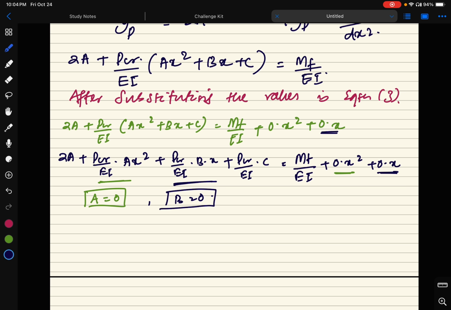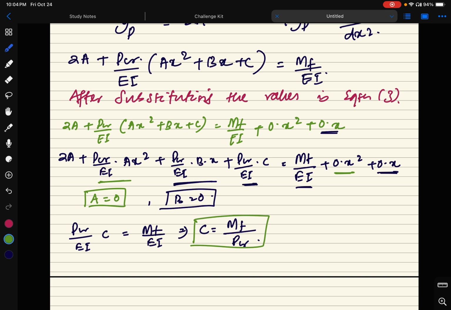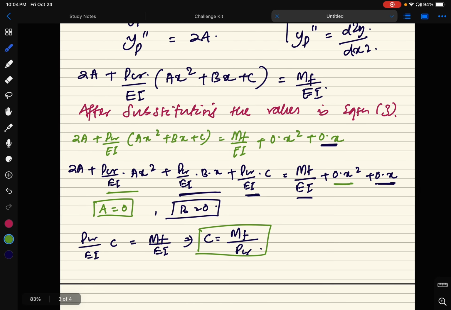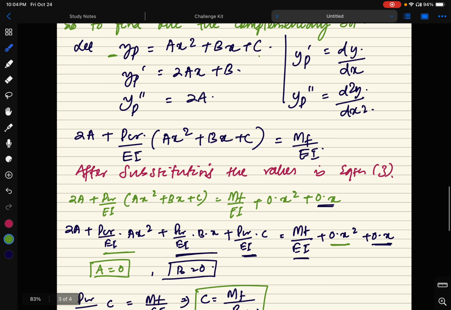So on the right hand side we have mf by EI, we are left with these two terms, so PCR by EI c is equal to mf by EI, so c becomes mf by PCR. Now we substitute this value mf by PCR in the particular solution.